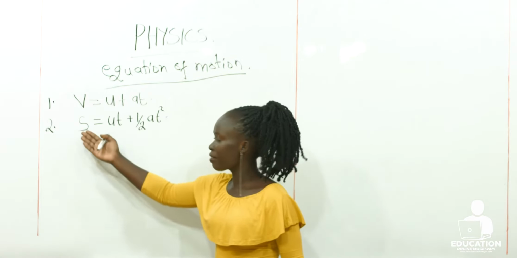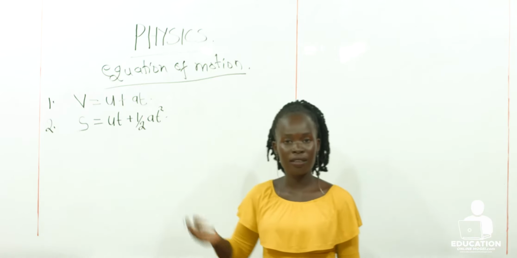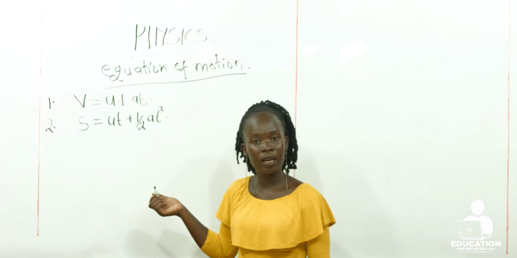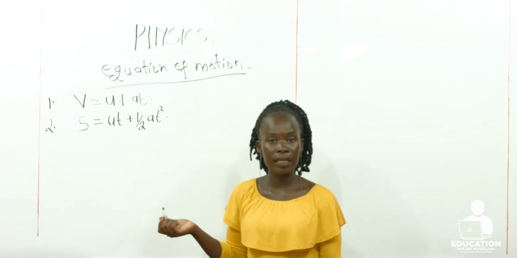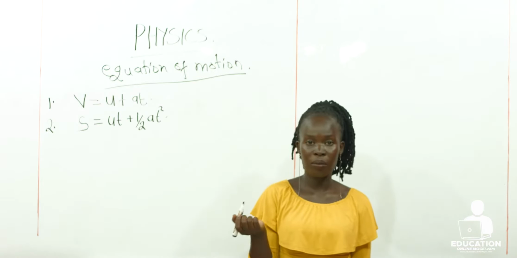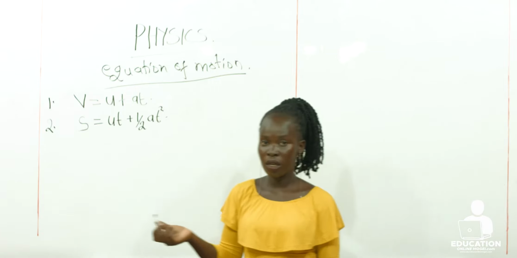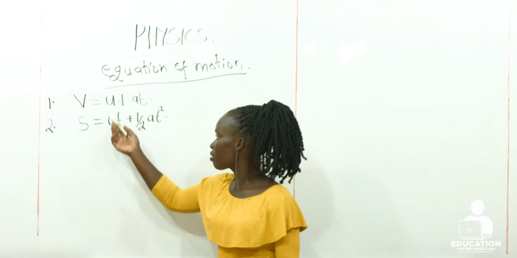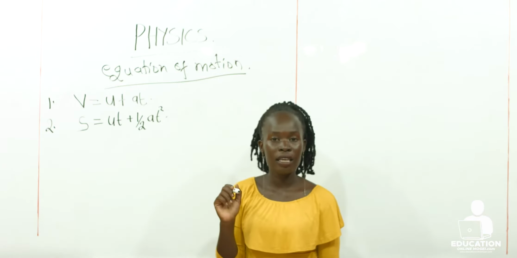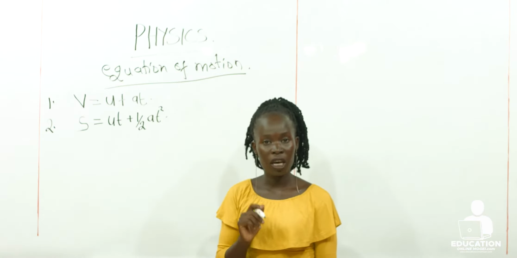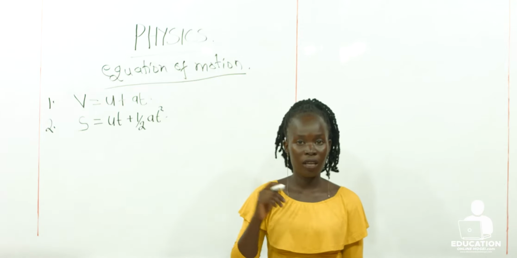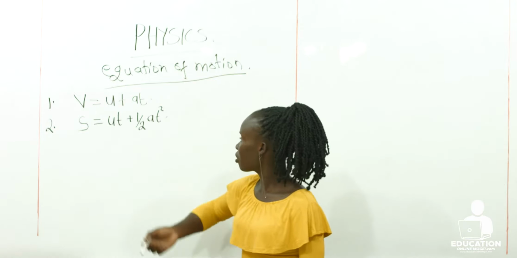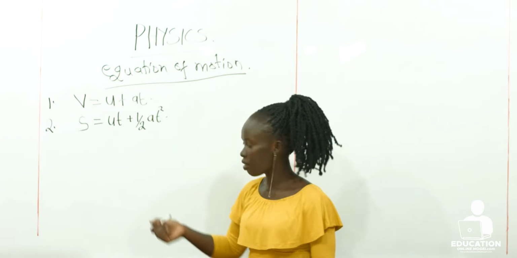Our S here represents the distance, or you can also call it the displacement. When they want you to find the distance a body moved, they mean you find the S. When you look at the U, we already said that U is the initial velocity, the velocity with which the body starts moving. We've talked about the A, which is the acceleration, and the T is standing for time.